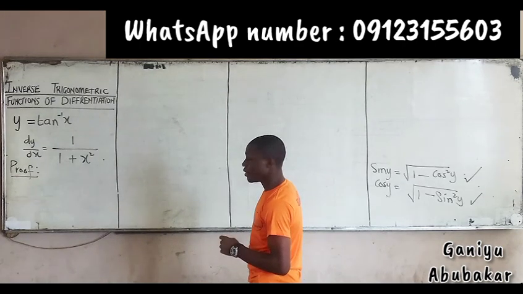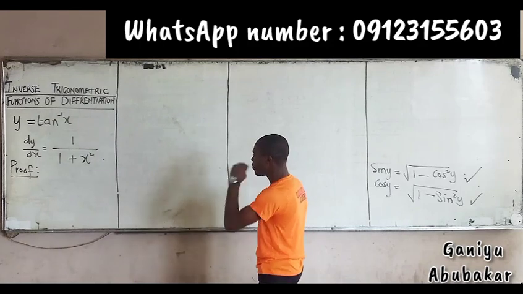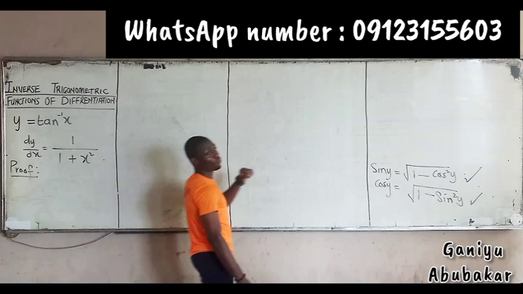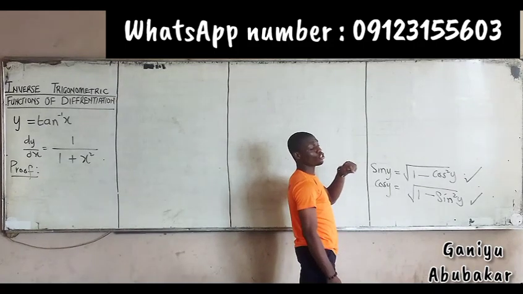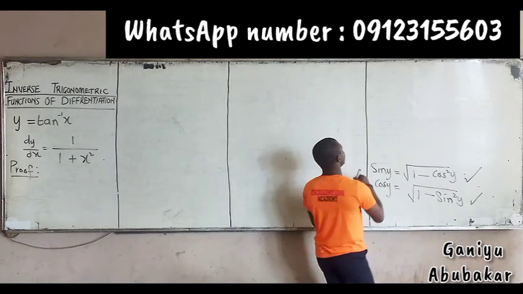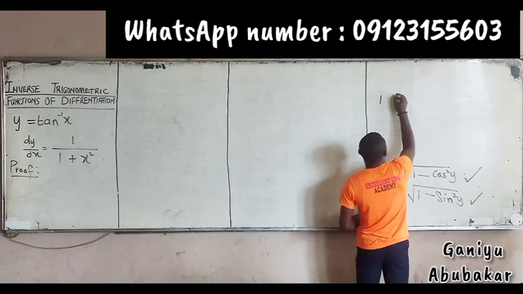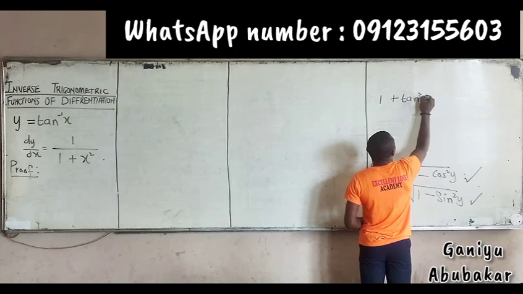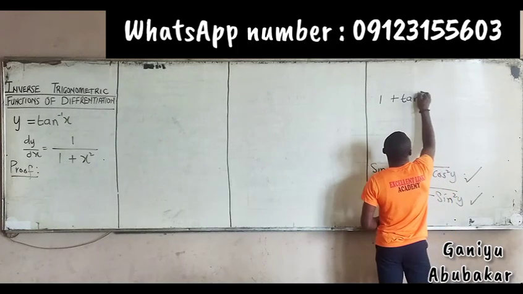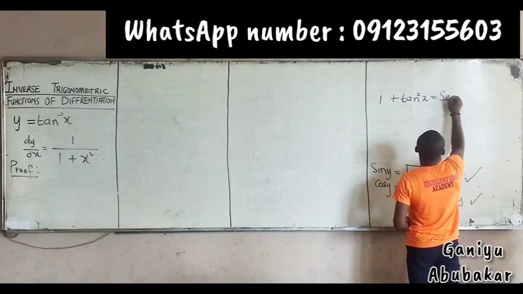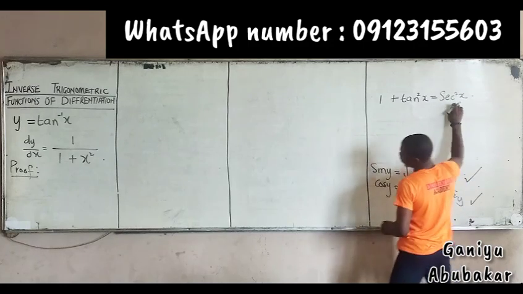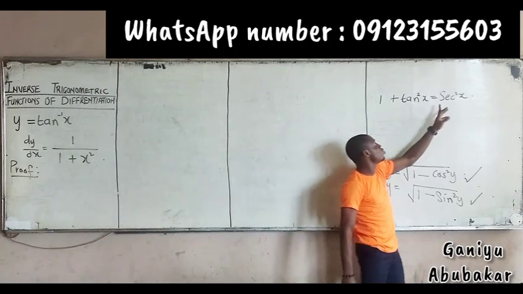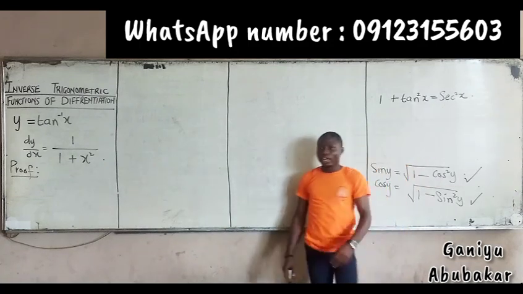Now, to prove this concept, recall from my popular trig functions that if I have 1 plus tan squared x, it is equal to sec squared x. Recall this trig identity that 1 plus tan squared x is equal to sec squared x.